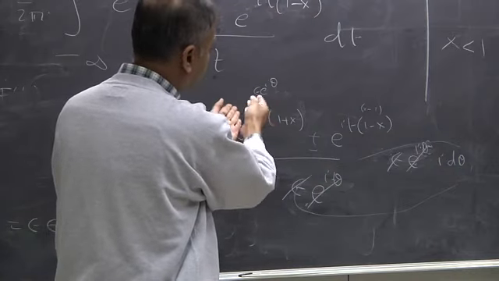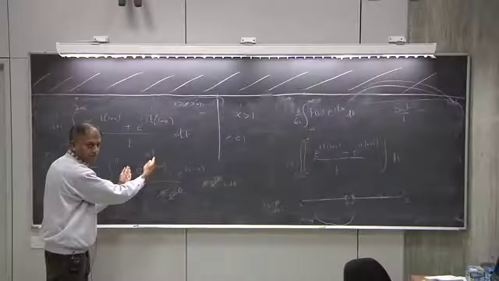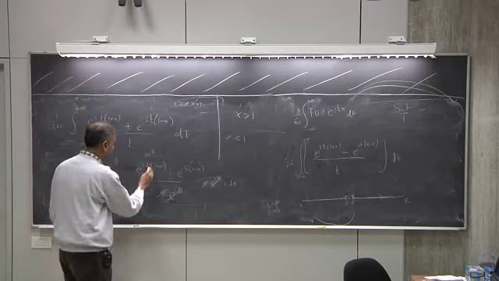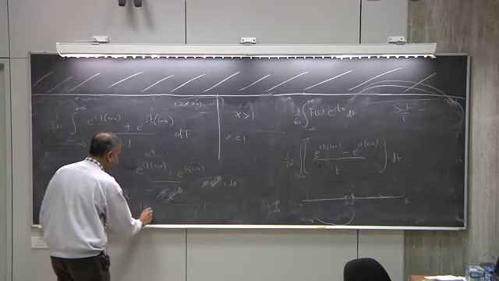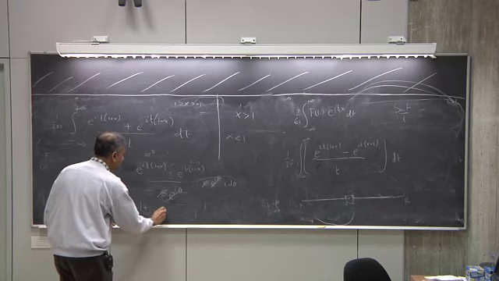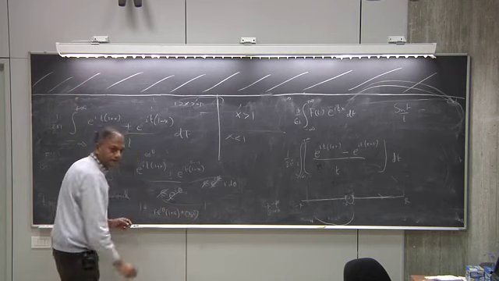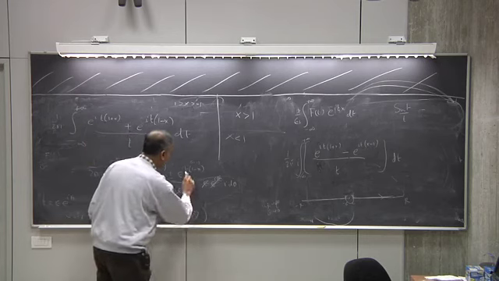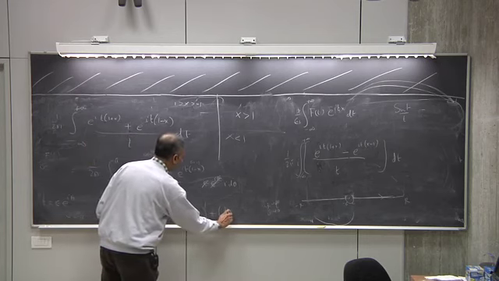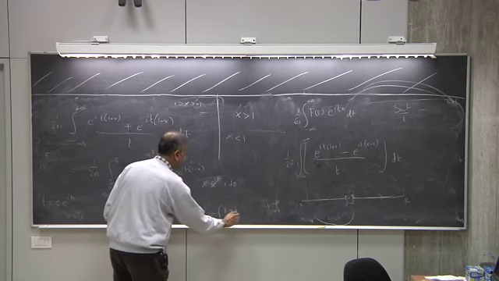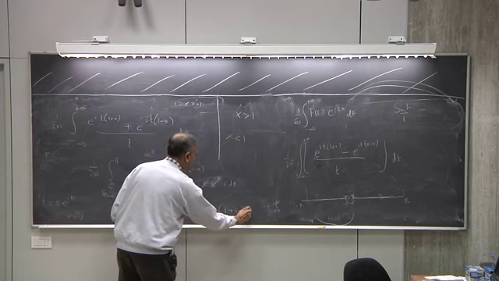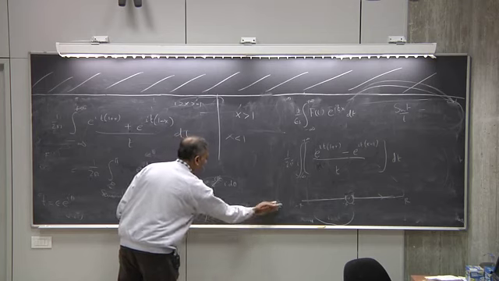So since epsilon is small, I can make a Taylor expansion of each of these terms. So the first term gives me 1 plus i epsilon e to the i theta (1 plus x) plus order epsilon square. Similarly, the second term gives me 1 plus i epsilon e to the i theta (1 minus x) plus order epsilon square.